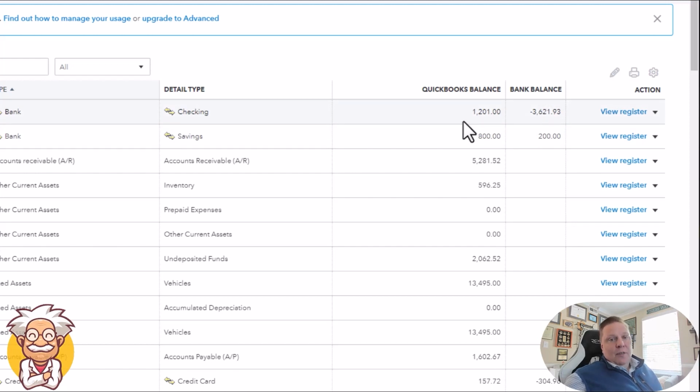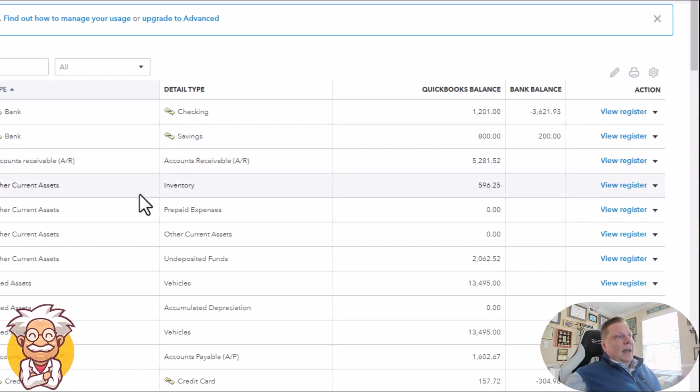If after all of that happens and there's still a difference, it just might be that there is a day lag from your bank to QuickBooks. Maybe there's some transactions out there that aren't hitting yet. I wouldn't be too concerned about that as long as you have all of your transactions confirmed.